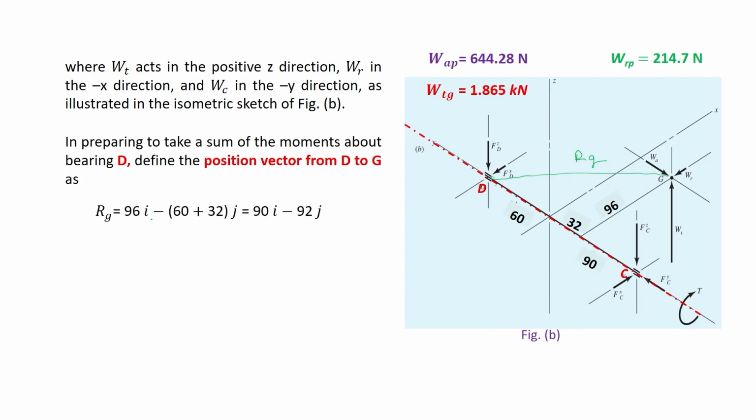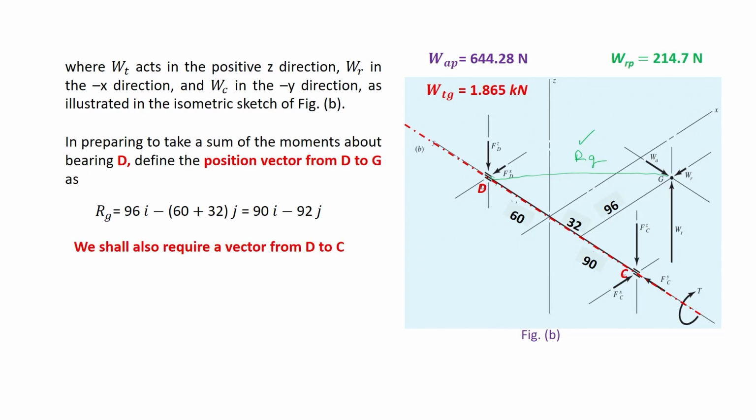So, 96i, and G is along this direction, and the distance is 60 plus 32 along the y direction. So, 60 plus 32 j. So, the Rg vector is 96i minus 92j.